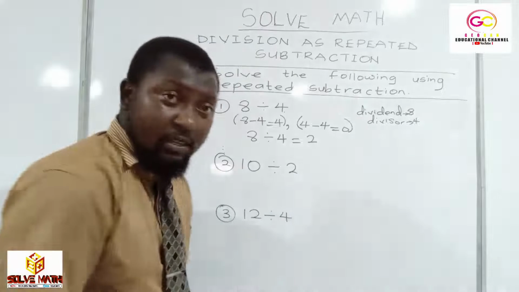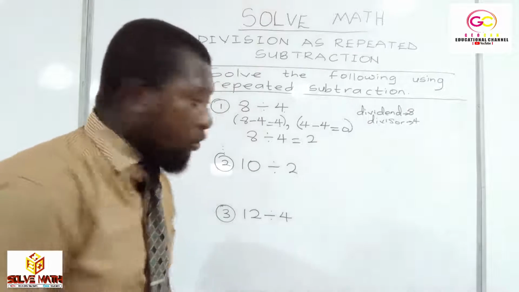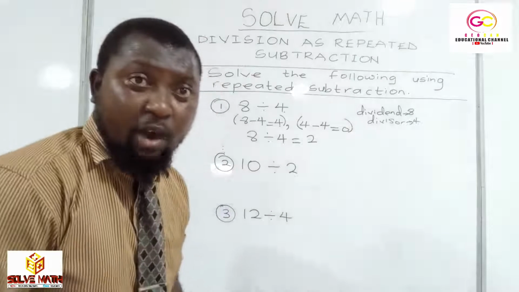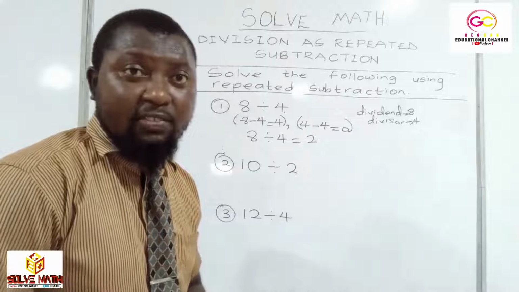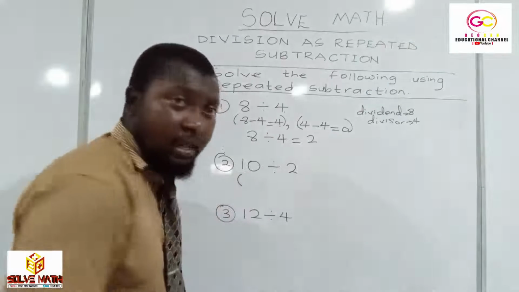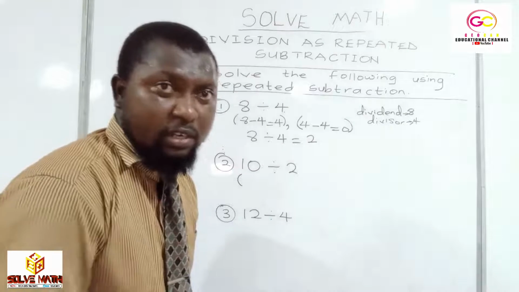Let's tackle question 2 using the same principles. Subtract the divisor from the dividend till you arrive at 0. Then you count the number of subtractions you did, and that will be your result or answer. So good. Don't forget your brackets, because it makes it easy for you when you are counting the number of times you did a subtraction.